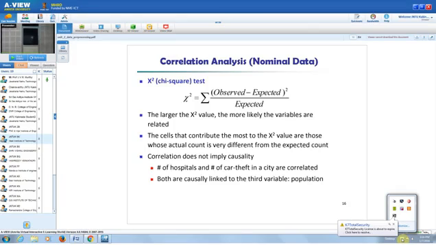Now, in fact, your chi-square is mentioned as sigma i equal to 1 to c, sigma j equal to 1 to r, of (Oij minus Eij) whole square by Eij.